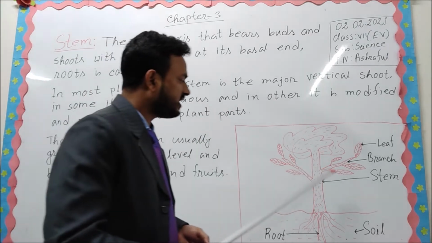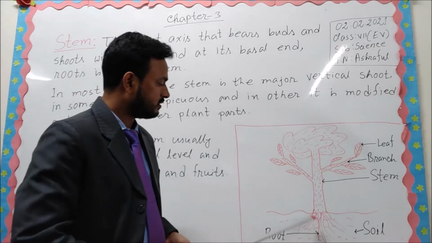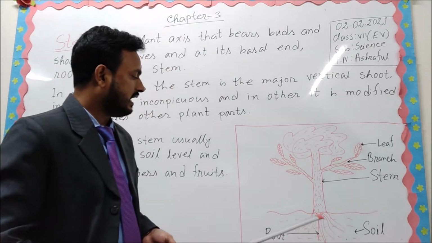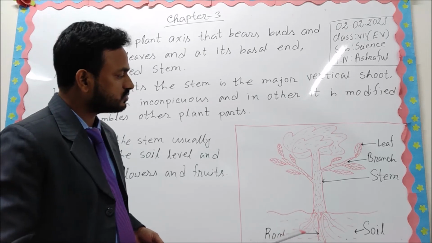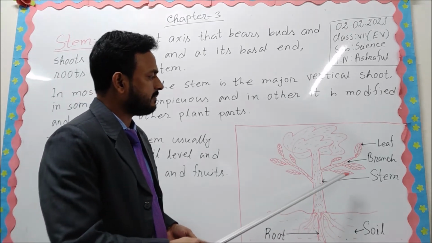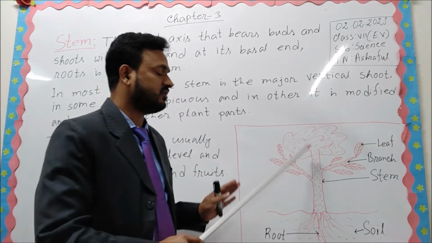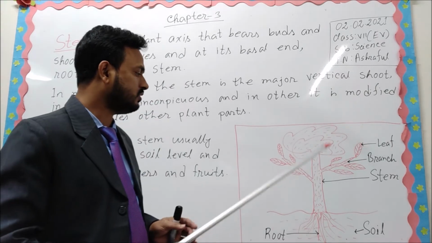See, here is a figure of a tree. This is soil level, and this is root. Above the soil level, see, this branch, leaf, and so on. You can imagine flowers and fruits here also.